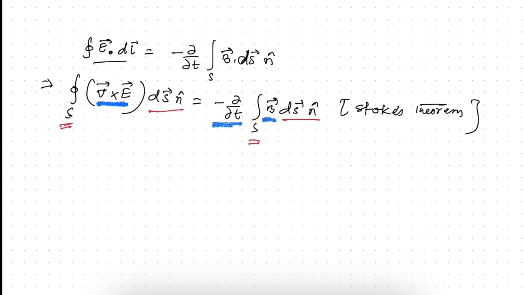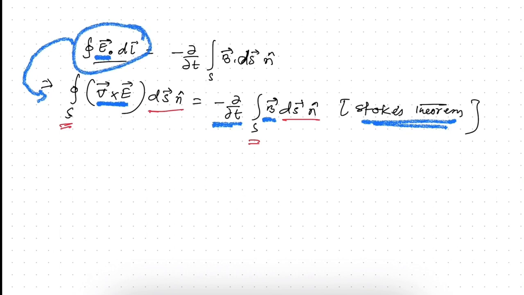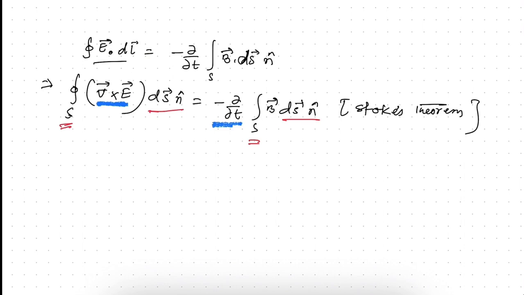So to come from this step to this step, we have applied Stokes theorem, right? So here we have E. If you want to convert this line integral into surface integral, here we need to take curl of E, that means del cross E, instead of E. So hope you have understood this, right? So now let me clean these things. Here you can see now.